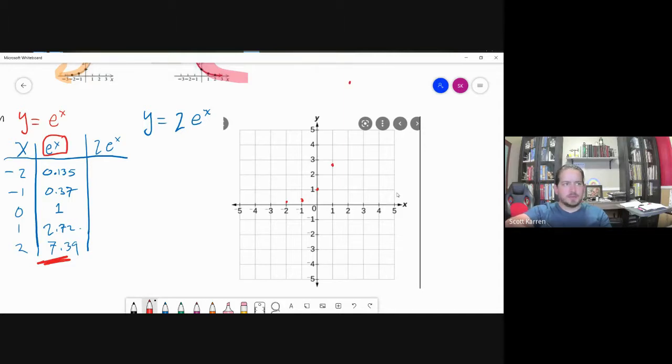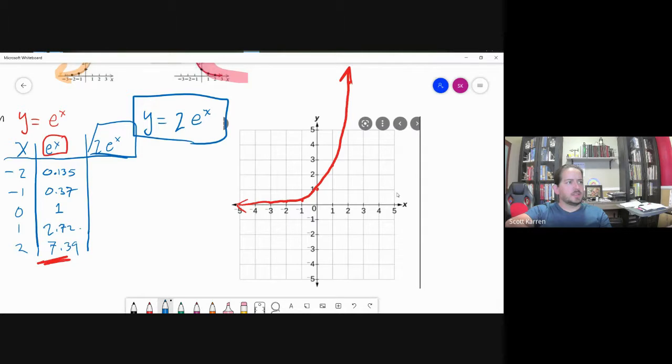So we can see the growth here. Now in blue, I'm going to graph this guy, but I need values, right?